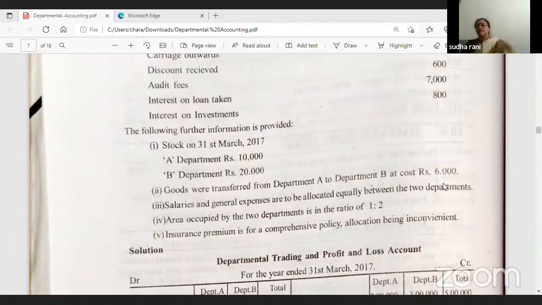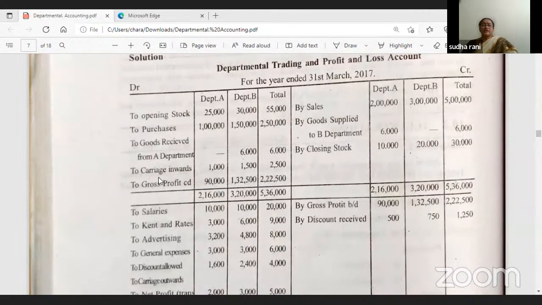So A is the transferor, B is the receiver. Whatever goods received will be shown on the debit side for B, and whatever goods transferred will be shown on the credit side for A. So goods supplied to B on credit side in Department A, goods received from A on debit side in Department B. Okay, so that's how we show this. Actually it gets equal anyway, but you are supposed to show it.